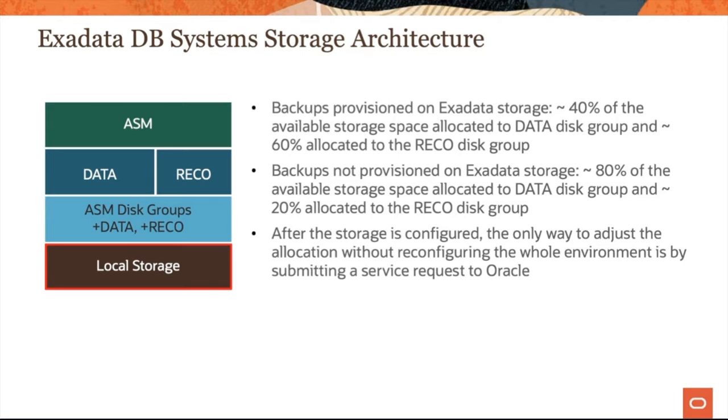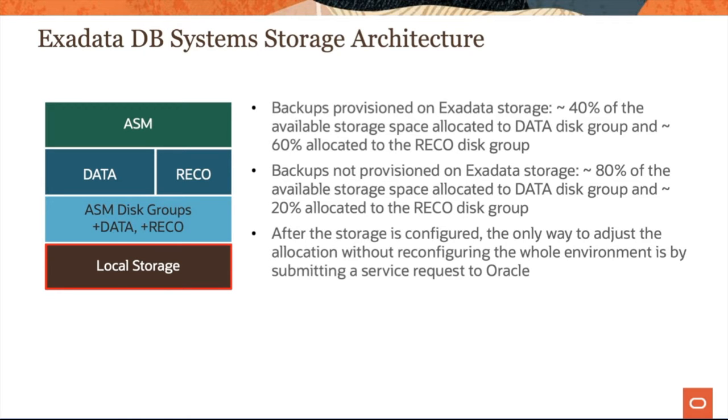When backups are provisioned on Exadata storage, 40% of the available storage space is allocated to data disk group and 60% allocated to the reco disk group. When backups are not provisioned on Exadata storage, 80% of the available storage space is allocated to the data disk group and 20% is allocated to the reco disk group.